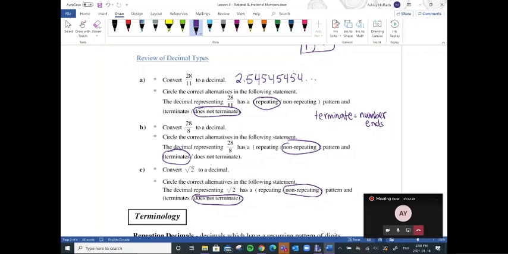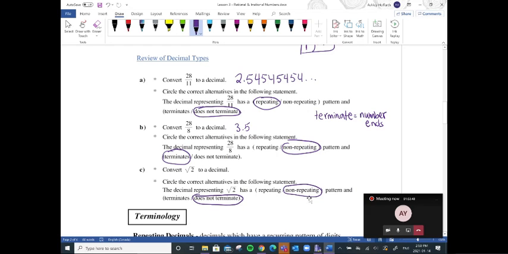Okay, so there are 3 different types of decimals. There's either, like the first one, repeating and non-terminating decimals, which means there's a repeating pattern in there and it never ends, or you have non-repeating decimals that end, like the 3.5 here.